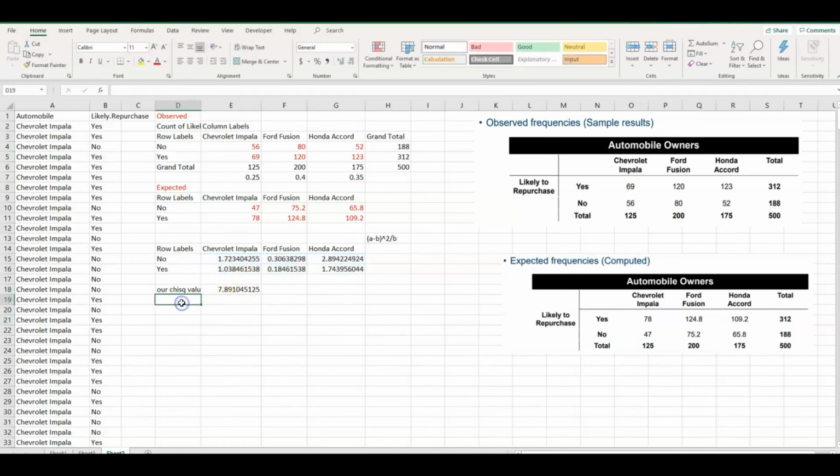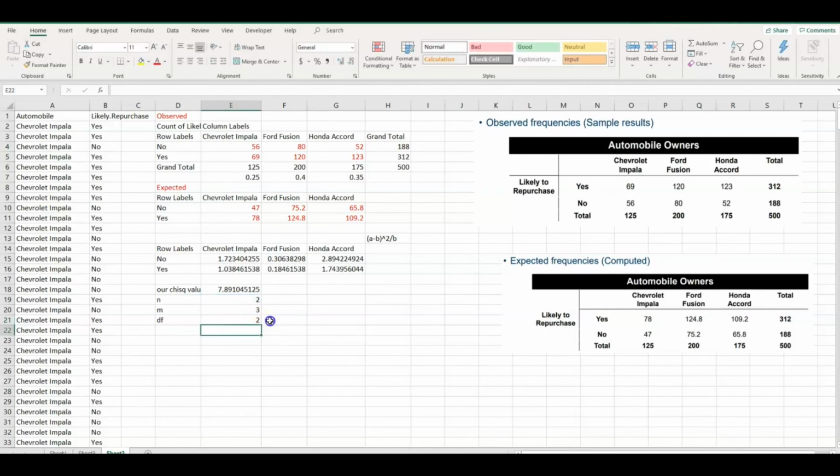Our n equals 2 rows, and n equals 3 columns, because this is 2 by 3. So degree of freedom is simply n minus 1 times n minus 1.